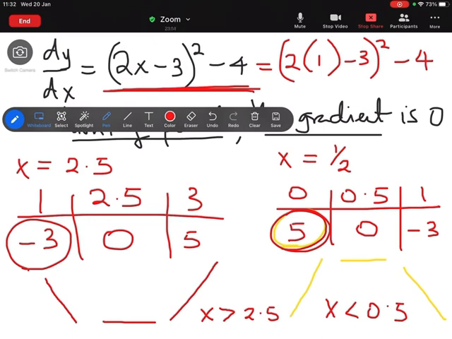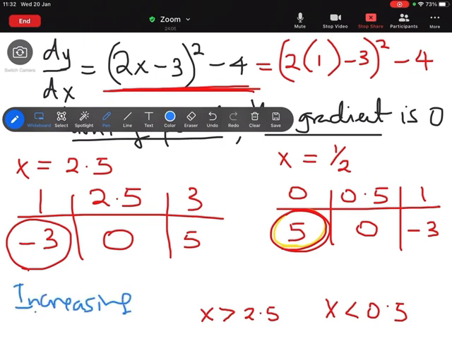So we shall go ahead and combine the two and indicate that it is an increasing function. The increasing function is at the range of values where x is less than 0.5 or where x is greater than 2.5.